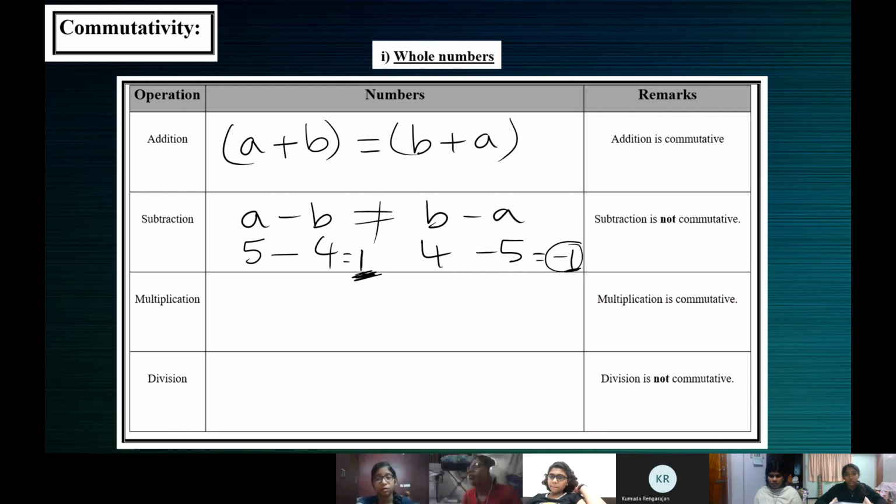Whole numbers are not commutative under subtraction.